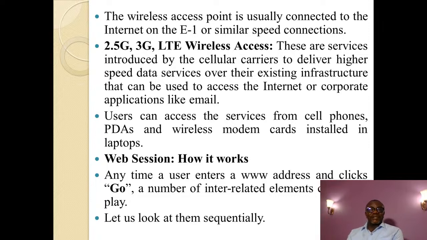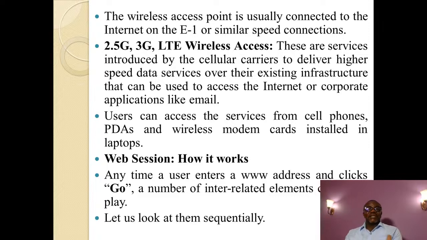So these are services introduced by cellular carriers. When we talk of cellular carriers, we are talking of networks like, in Nigeria here, MTN, Airtel, Glo, 9mobile, which are cellular because they provide cellular telephony.